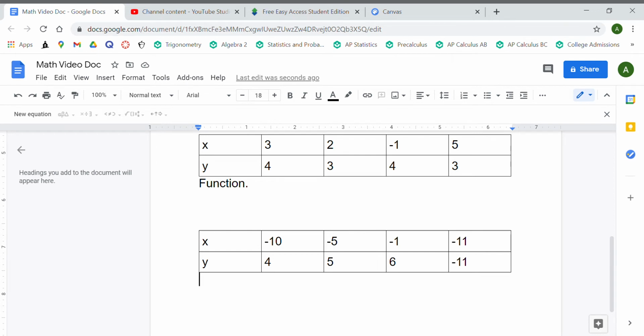We have -10, -5, -1, -11. No repeats, one input, one output, function. So I gave you two different ways and asked you to tell me if it's a function or not. I got one more for you.